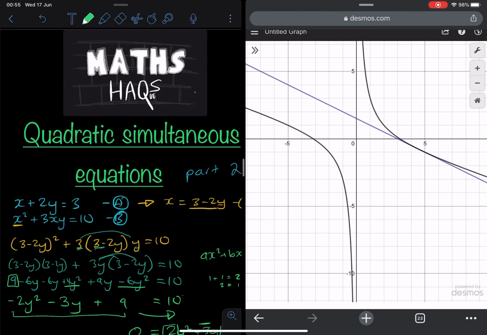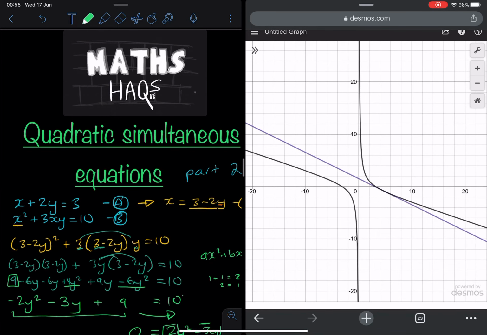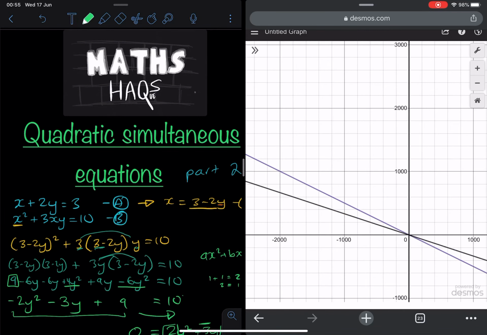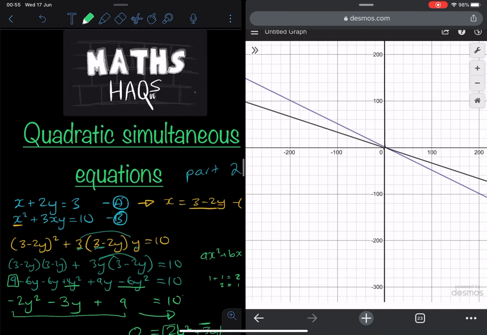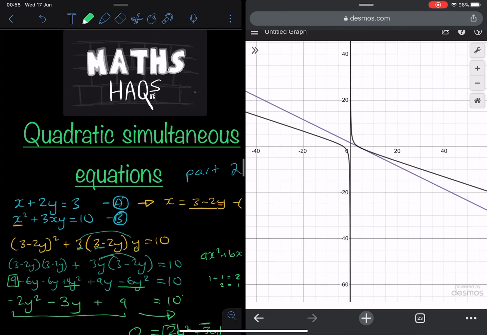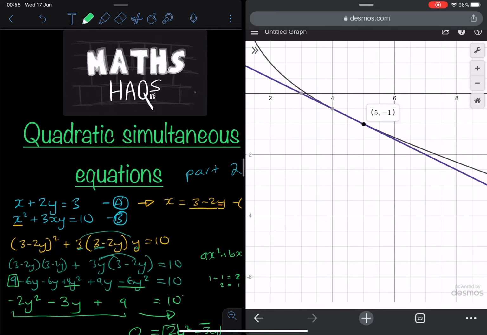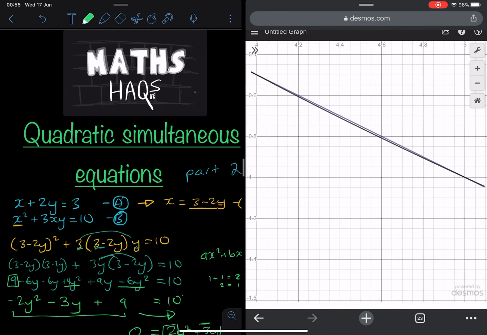All right, and actually, if I can find it, here, right here, there are 2 intersection points. They're very, very small. You have to zoom in quite a bit to actually see them.